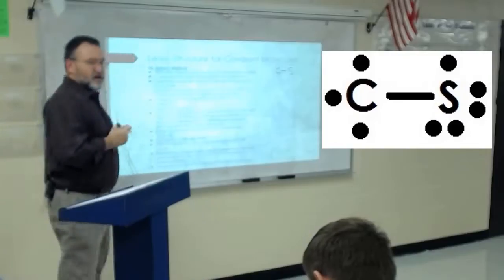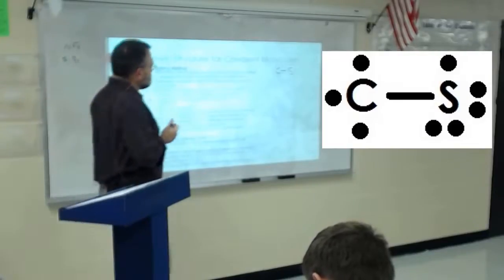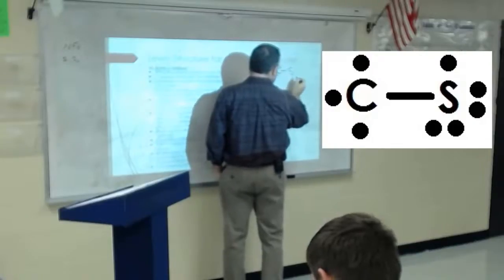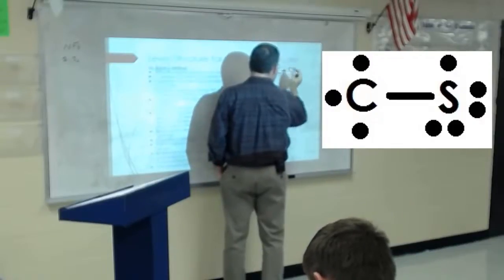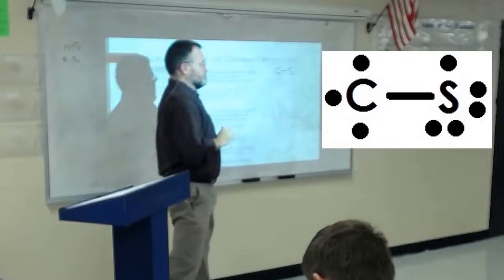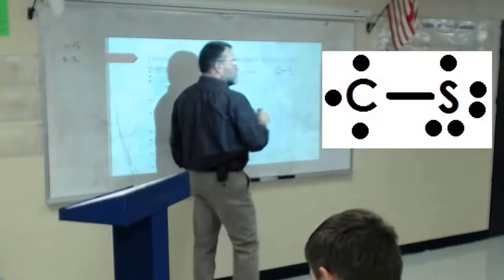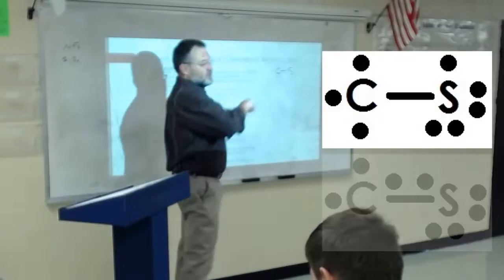Now I'm going to check the octet rule. 1, 2, 3, 4, 5. Nope. 1, 2, 3, 4, 5, 6, 7. Nope. Since they're both short, they're both going to contribute.